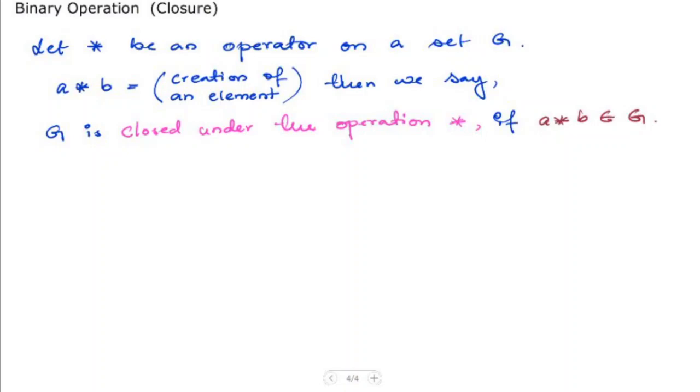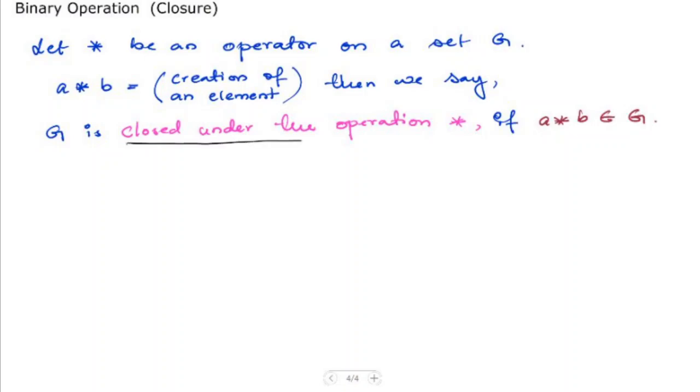So here we have A star B, and when this operation is done we get an element. And what is the closure property here? This answer, or this element, the creation of the new element, should also be an element of G. So you can say that G is closed under the operation star.